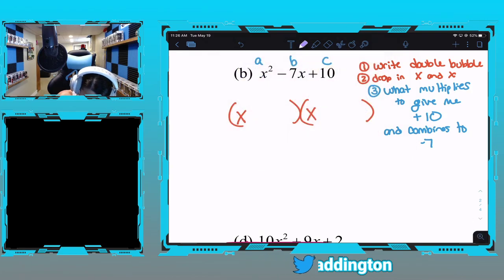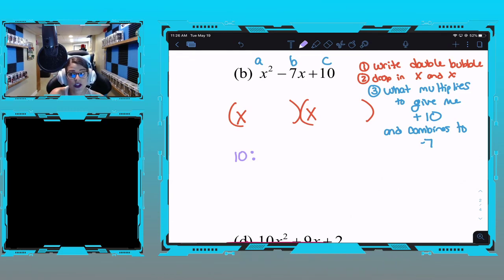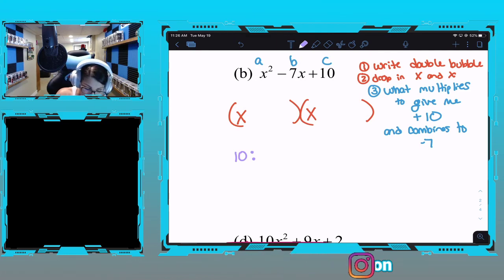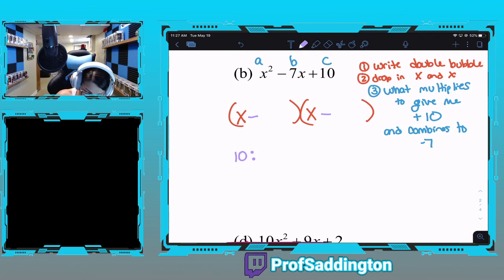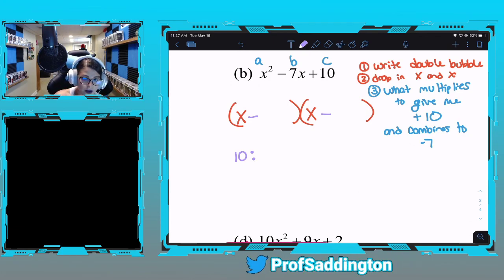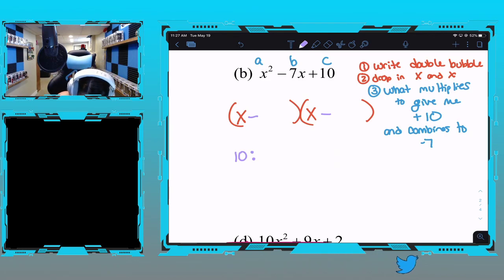I'll use purple. So I want to know my factor pairs of 10. Now we're multiplying to get a positive 10, but we're combining to get a negative 7. So that tells me both my signs have to be negative, because a negative times a negative is a positive. So what are my options for 10?